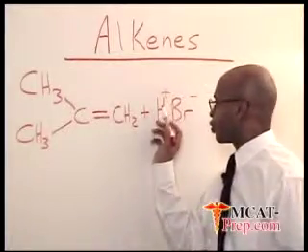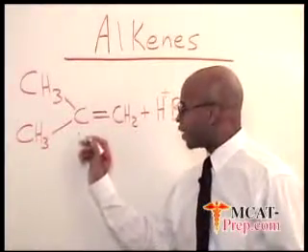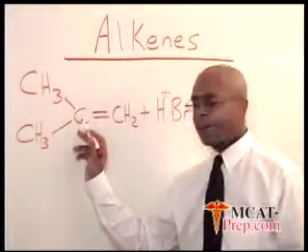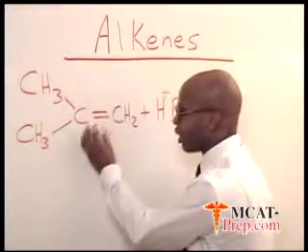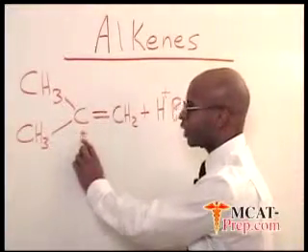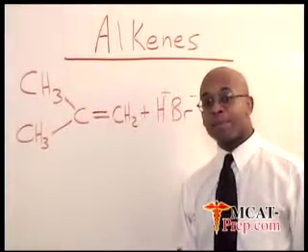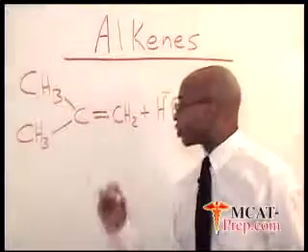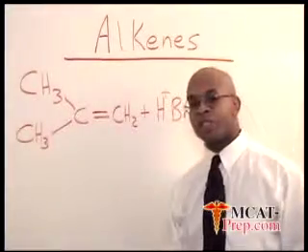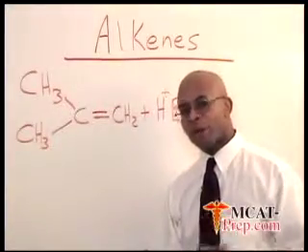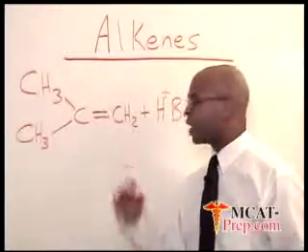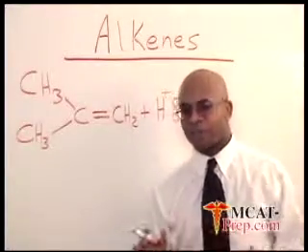Well, if hydrogen were to add to this carbon, then it would withdraw electrons to this carbon so that it could add here. Therefore, this carbon would end up being positively charged. That would be a primary carbocation, and we've already seen that that's very unstable.